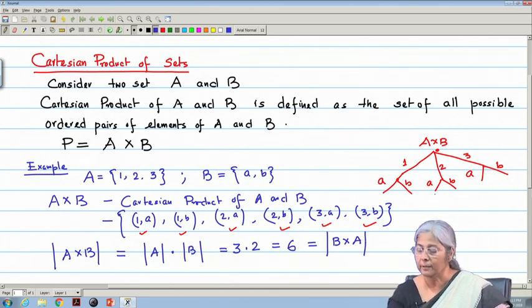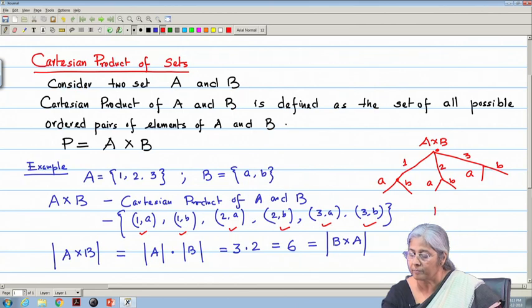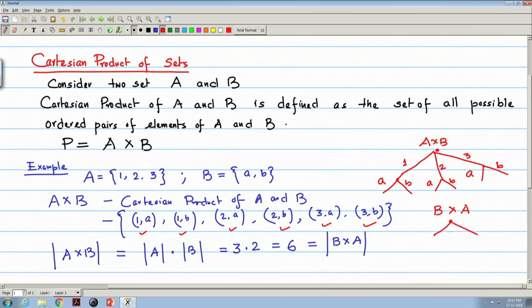What is B cross A? If we see B cross A, then B has 2 branches, 2 elements, a and b, and A has 3 elements 1, 2, 3.